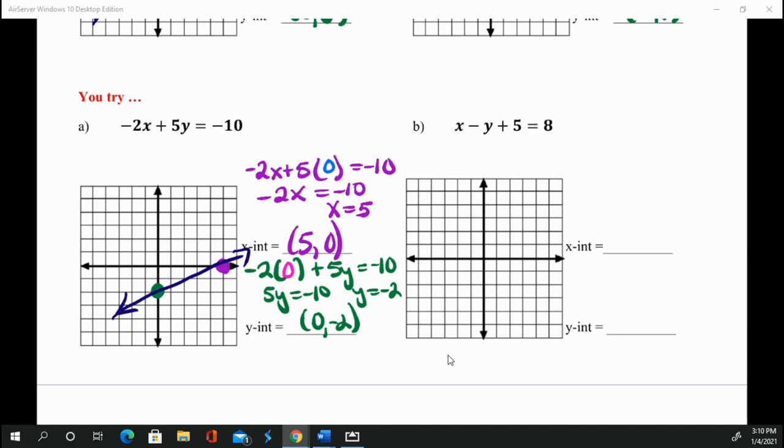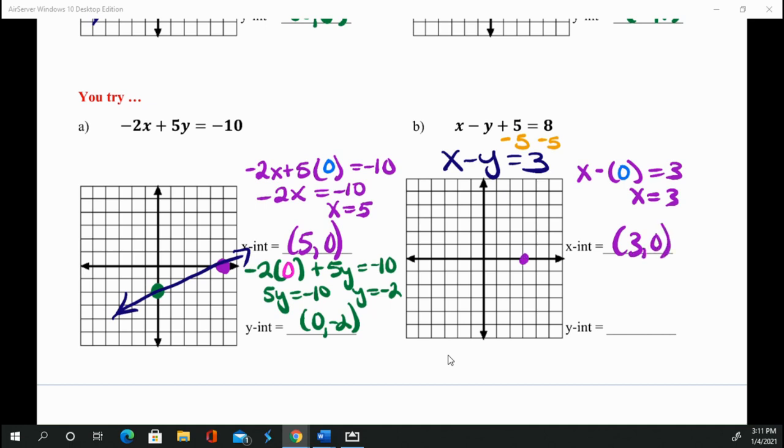B needs to be written in standard form, so we'll subtract 5 first. Find the x-intercept. So again, we're going to substitute y equals 0. So we're left with x equals 3. Then find the y-intercept by substituting x equals 0.